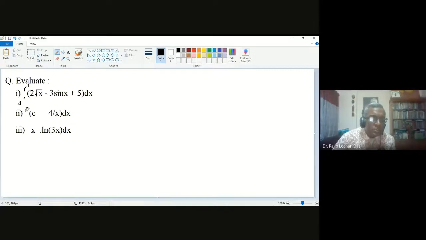Second question is integration, it is 1 to 2, this is e to the power 4x, and then plus 4 by x. Third question is again integration, and this is 1 to 3, so this is x square into ln 3x, like that.